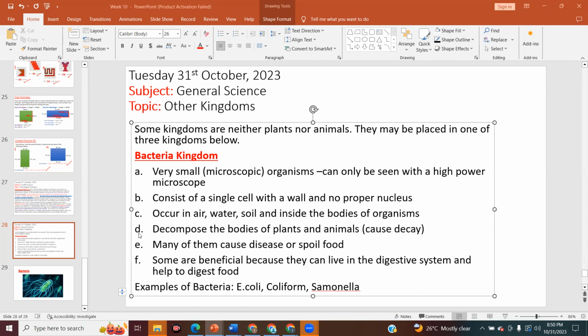Garvin, bacteria can occur in the air, the water, the soil, and what other place? Inside the bodies of organisms. Very good.